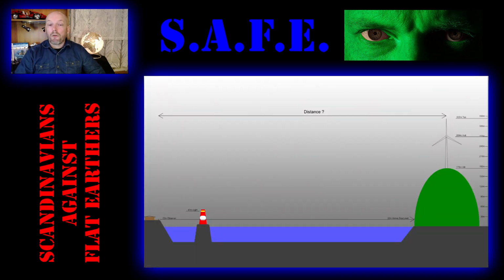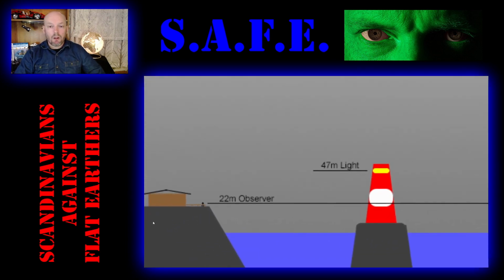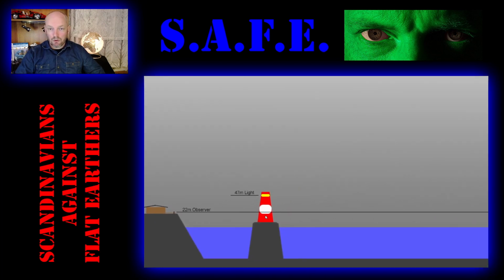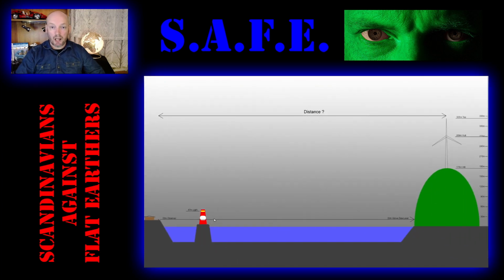So here's the orthographic drawing of my observation. I'm standing here, 22 meters above sea level. That lighthouse is just there to put my point of reference on, nothing more. It has nothing to do with actual observation.